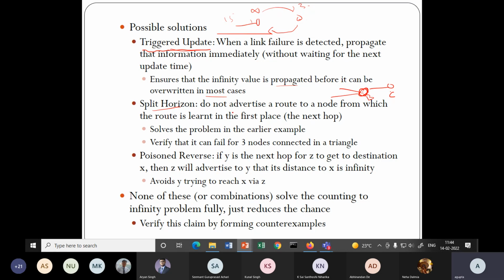Do not advertise a route to a node from which the route is learned in the first place, which is the next stop basically. So C has learned about the route to A from B. So when C sends its routing table to B, it drops all the routes which have B as the next stop. So that 3 will not go in there at all.